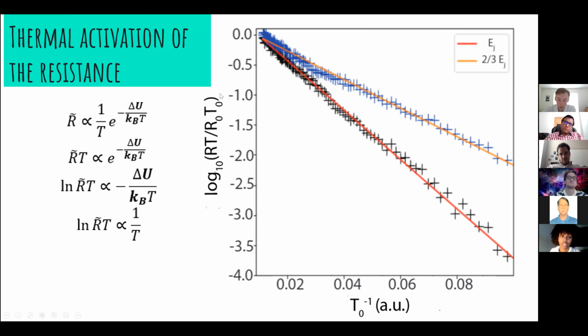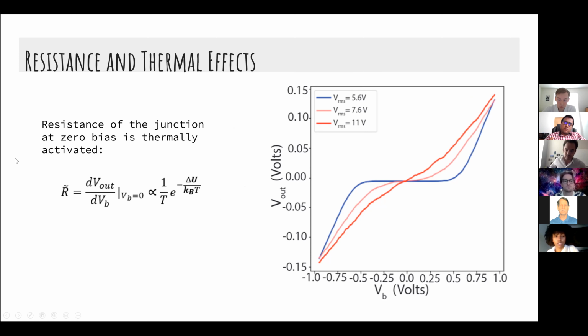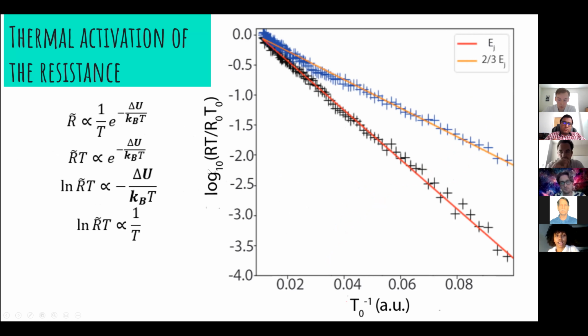But instead of working with this expression, we could rearrange it, and by plotting log R(T) versus the inverse of temperature, you could get a straight line. And it's a lot easier to visibly see a straight line than to check an exponential, right?